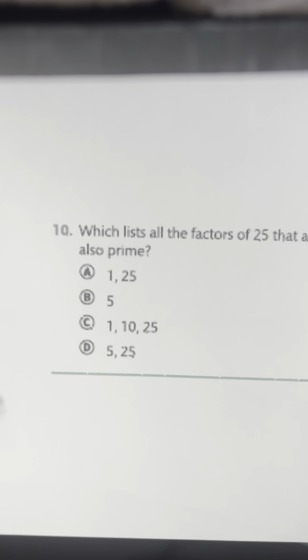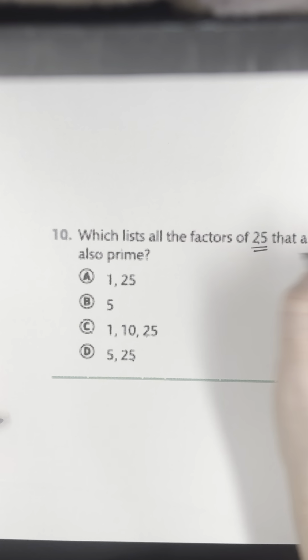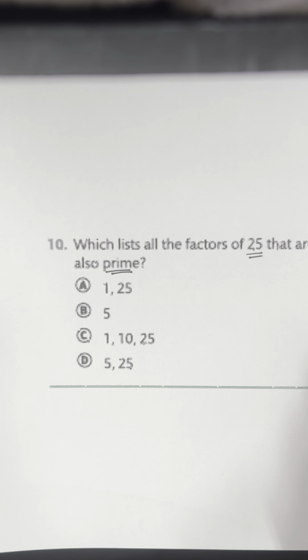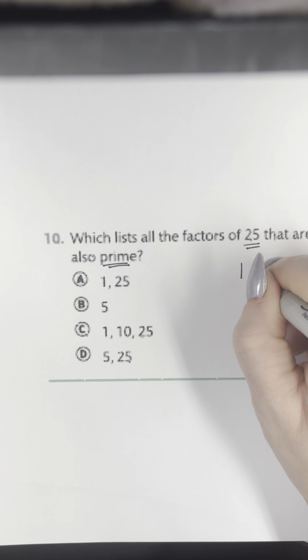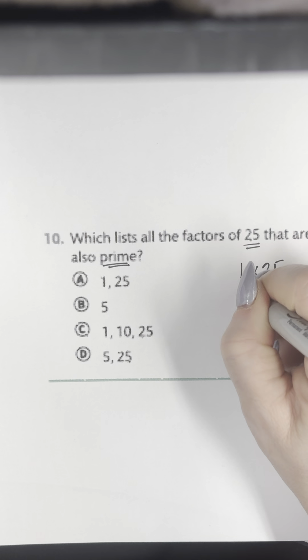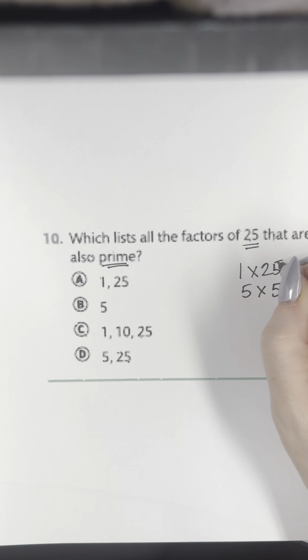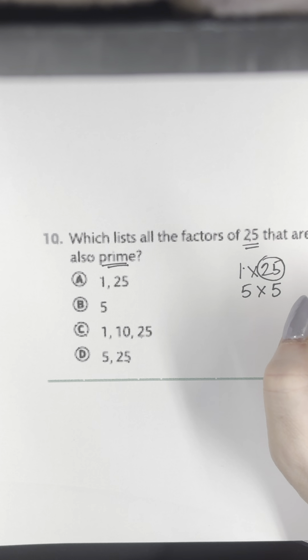Which lists all the factors of 25 that are prime. So it's looking for two things here. You're looking to factor out 25, but also just prime numbers. So 1 times 25 and 5 times 5 are our factors for 25. But 25 is composite. 1 and 5 are prime.